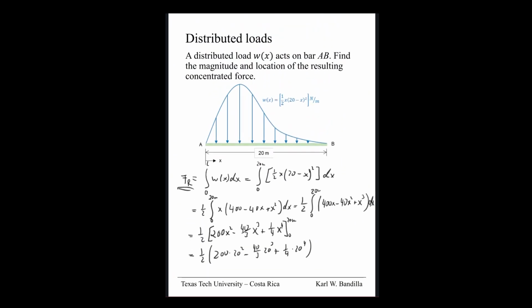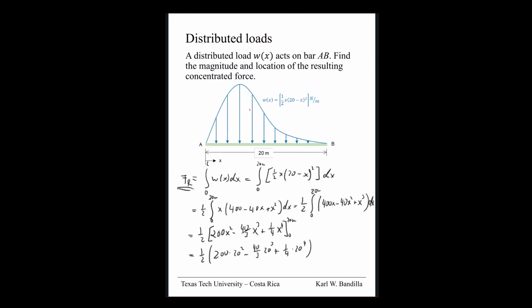Divided by 20,000 over 3 Newton. The Newtons cancel out, leaves me a meter. The divided by 3 cancels out, so I have 160,000 over 20,000, which is the same as 16 over 2 meters, 8 meters.